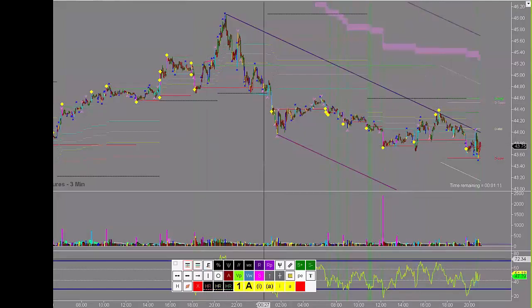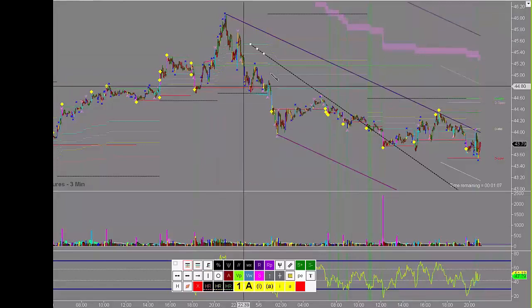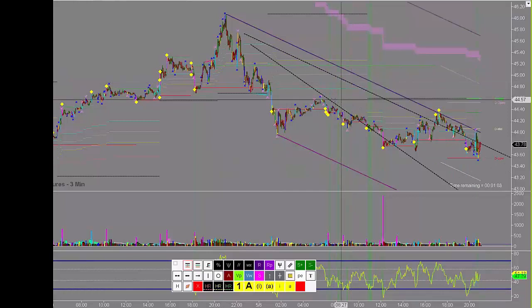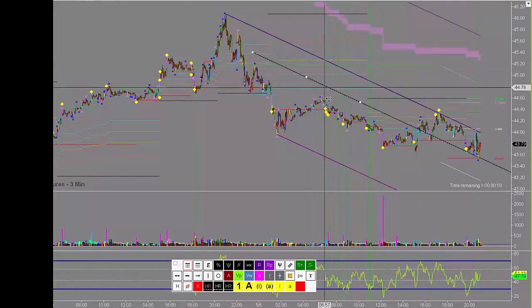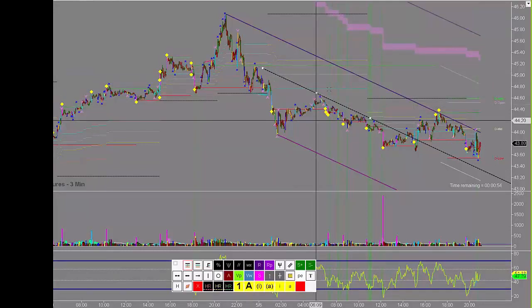So once I've done that one, then for example, I would do a copy of it. And then I would move this line around to see whether the slope is actually in play.